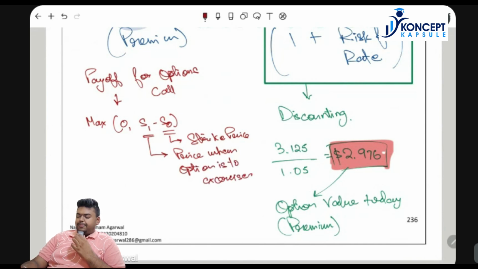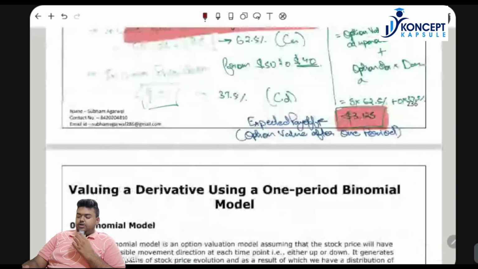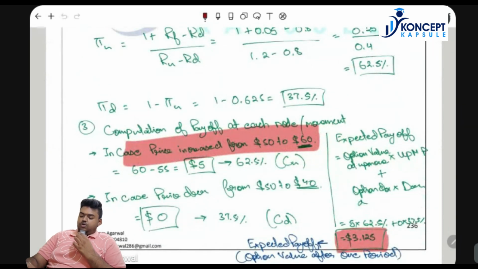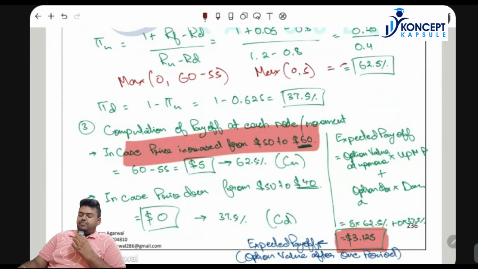So when we apply this formula of maximum of 0, comma S1 minus S0 to this logic, what is S1 when the price has increased to 60? It will be 60. What will be S0? It will be 55. So the formula says maximum of 0, comma 5. So it will be 5.